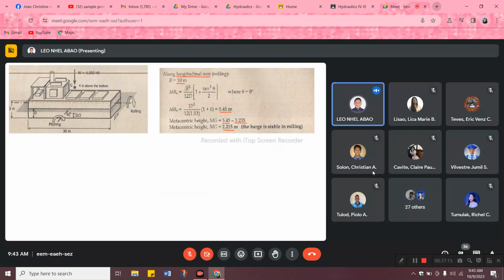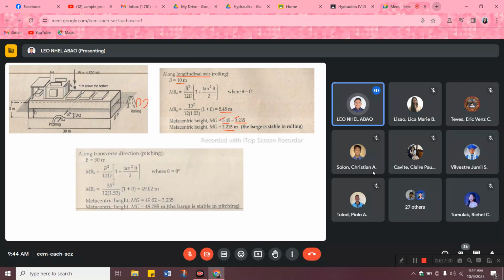Therefore, if you can see, MBO is greater than GPO. Therefore, the barge is stable in rolling. No? Meaning, dili siya mo roll either dire or patuyok nito. Okay? Nawala na po ito sa transverse axis. So, I consider nga B is kanina po siya 30 meters.